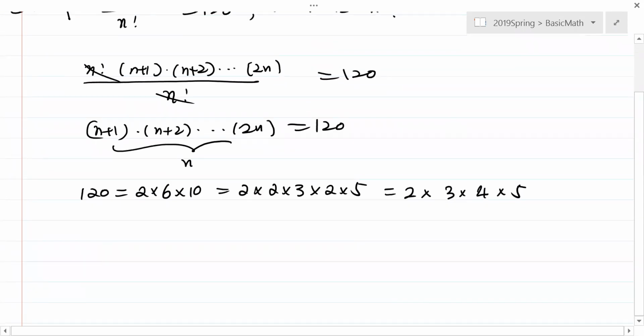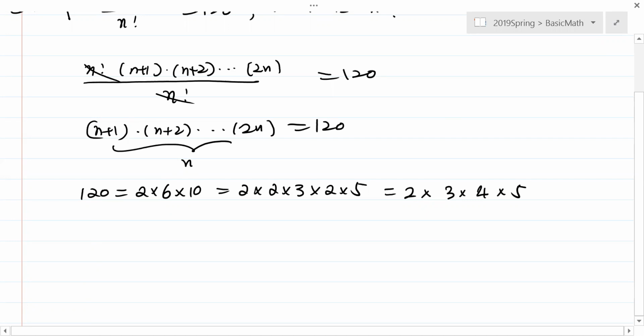But you see that you cannot say n plus 1 equals 2. Otherwise, if n plus 1 is 2, then n is 1, and there would be only one term there.